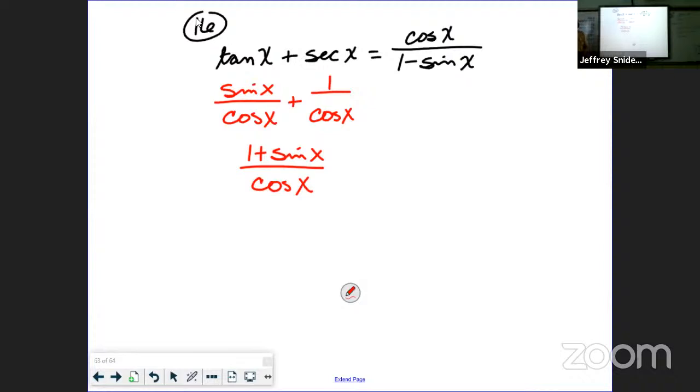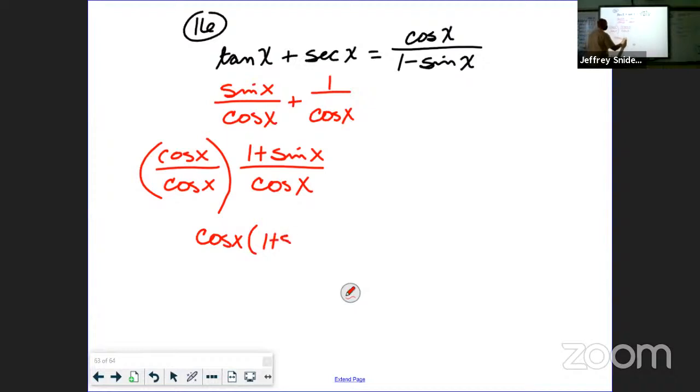Okay, now I want to make this a cosine square. So this is kind of like that earlier problem. I'm going to multiply this by now cosine x over cosine x. So the numerator is going to be cosine x times 1 plus sine x over cosine squared x.